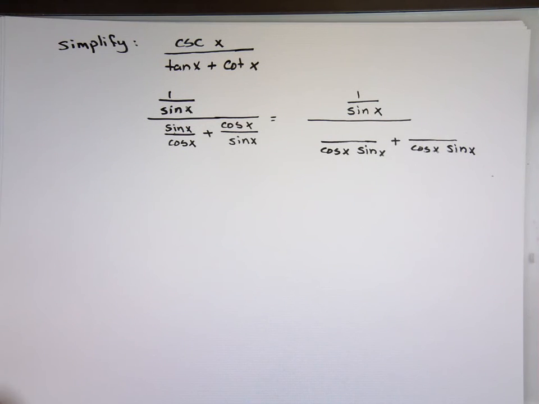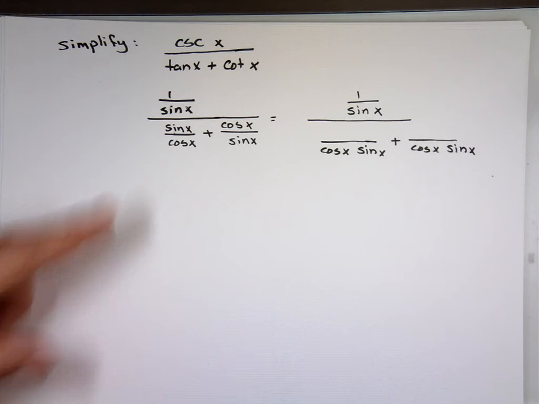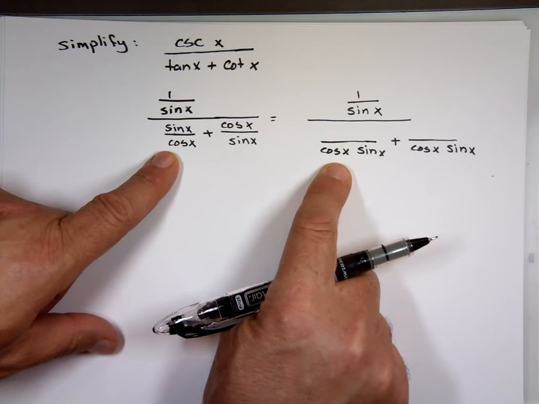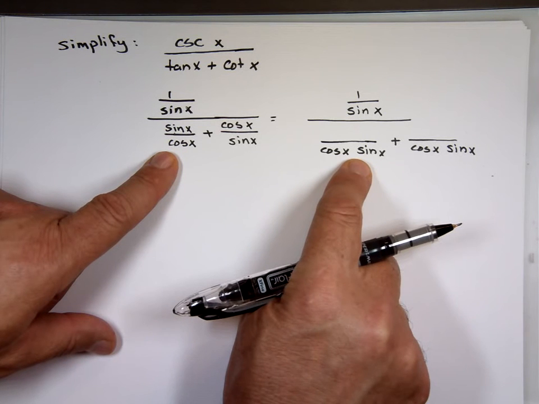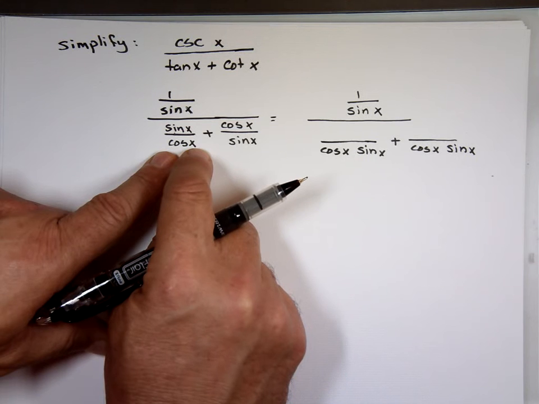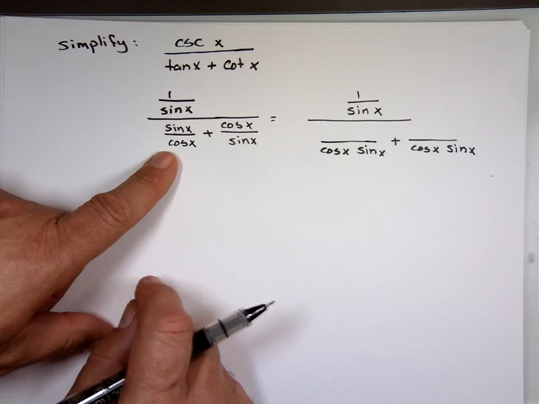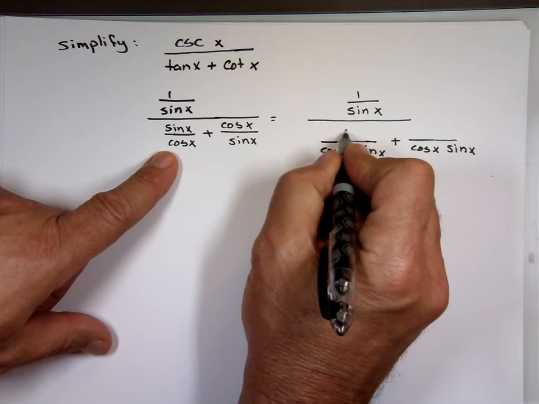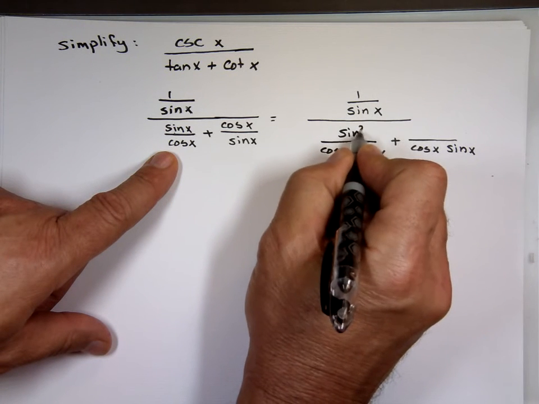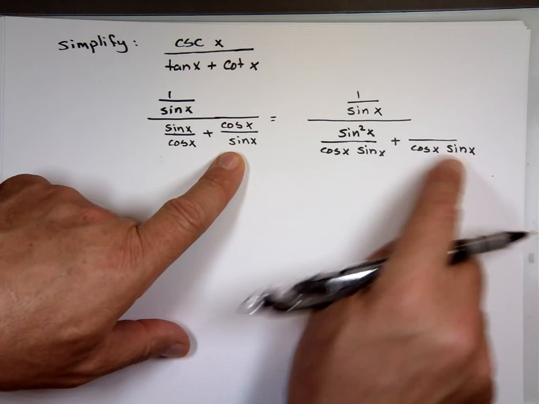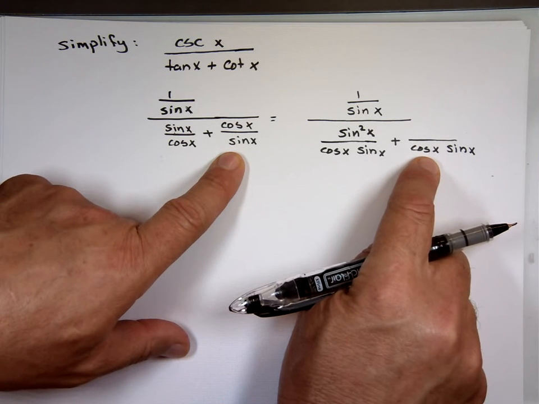Now let's look at this fraction, that fraction. What's missing from it? What's not here that you see here? Sine, right? So you're going to multiply the bottom of this by sine of x. That means you're going to multiply the top by sine of x. What is sine of x times sine of x? Sine squared x. Again, let's look here and there. I'm missing the cosine. Let me multiply the top and the bottom by cosine to match this one.